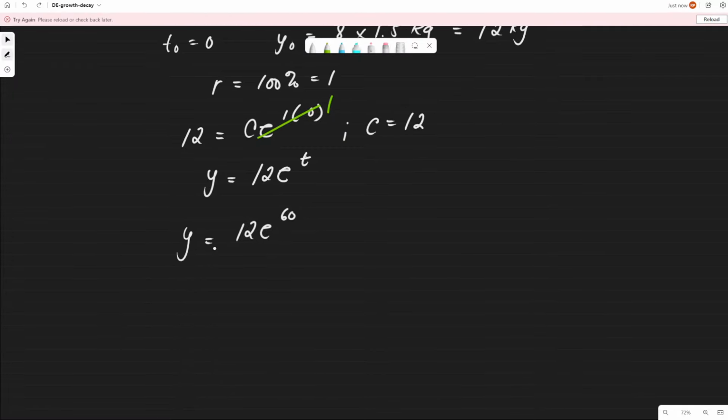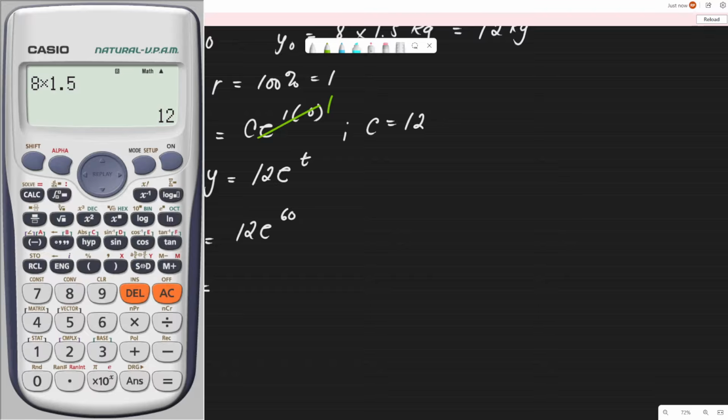Okay, so we have, what is 12e raised to 60? Pakita ko ulit yung aking calcu. Ayan. So 12e, shift ln, raised to 60.